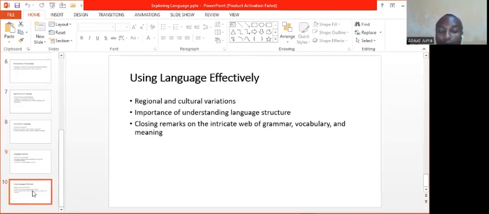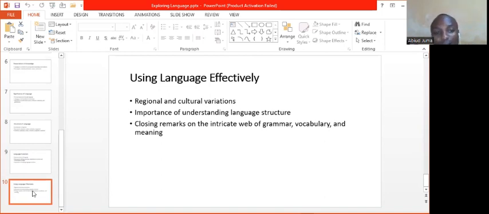Lastly, that is using language effectively. Language has regional and cultural variations. There are some words that mean different things from one region or from one cultural community to the other one.